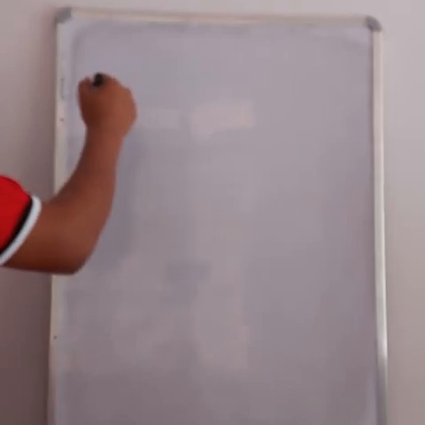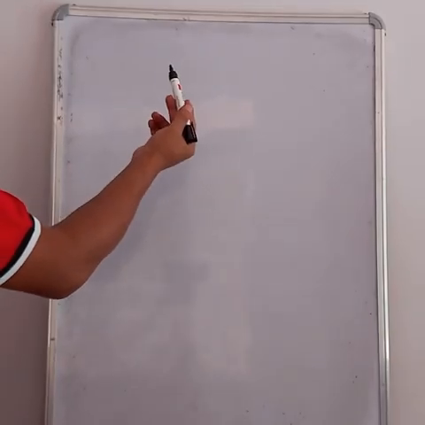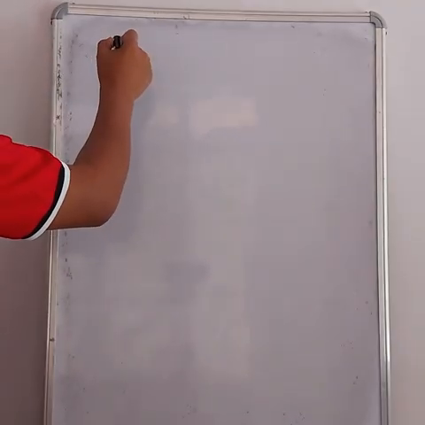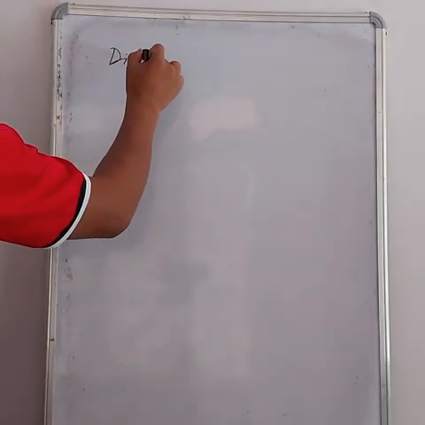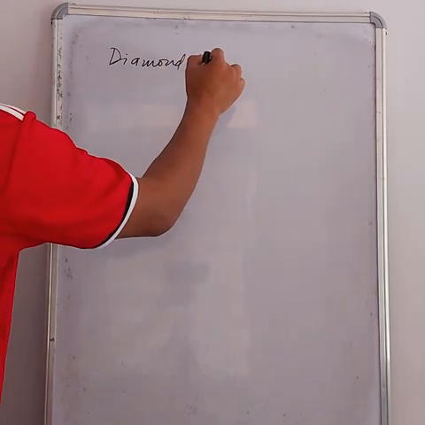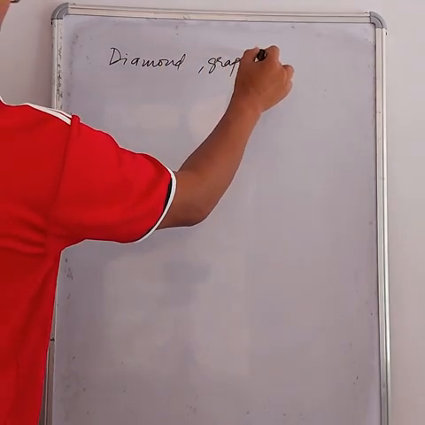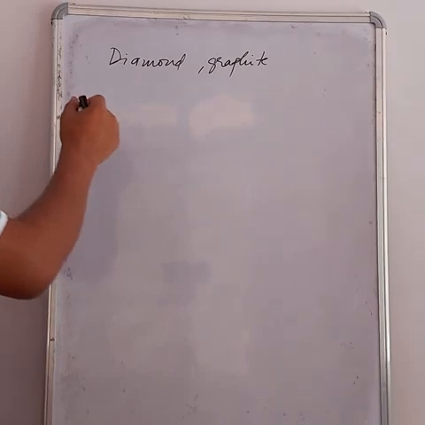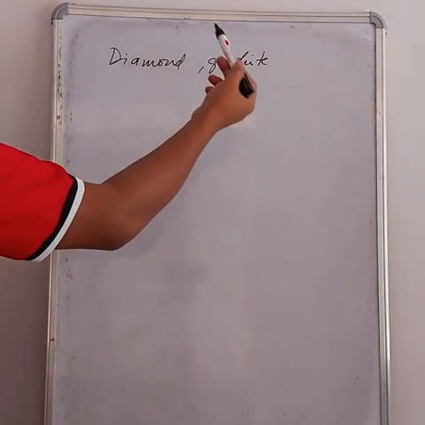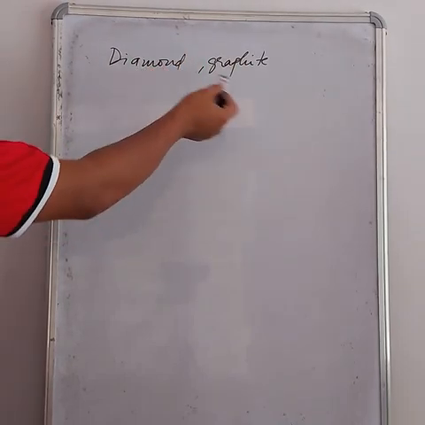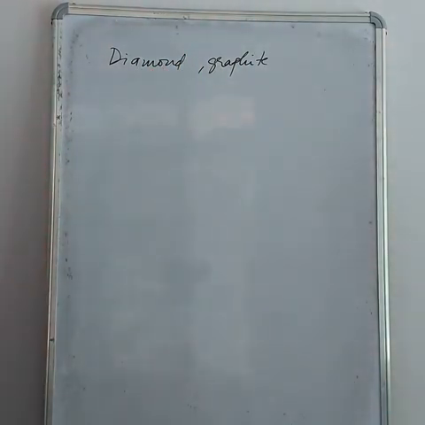Now, I want you to predict the structure from VSEPR theory, the structure of diamond and graphite. You have to predict the structure from VSEPR theory, and then the hybridization state of the carbon in both the compounds from valence bond theory.